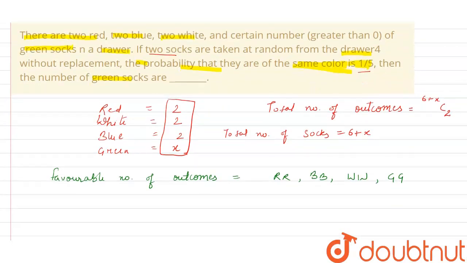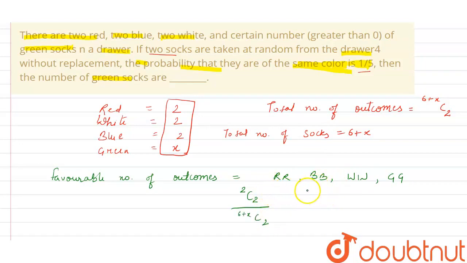So let's write in how many cases we can get this. If we have two red socks and we need to draw two only, it is 2C2. And the total number of outcomes is 6 plus X C 2. This is for red red.